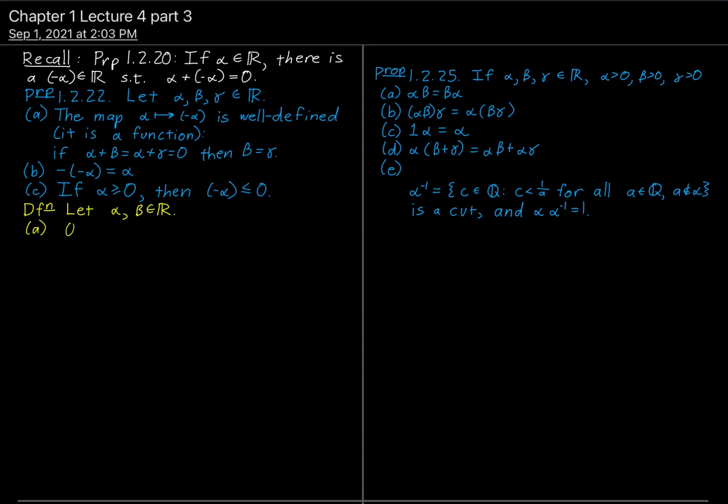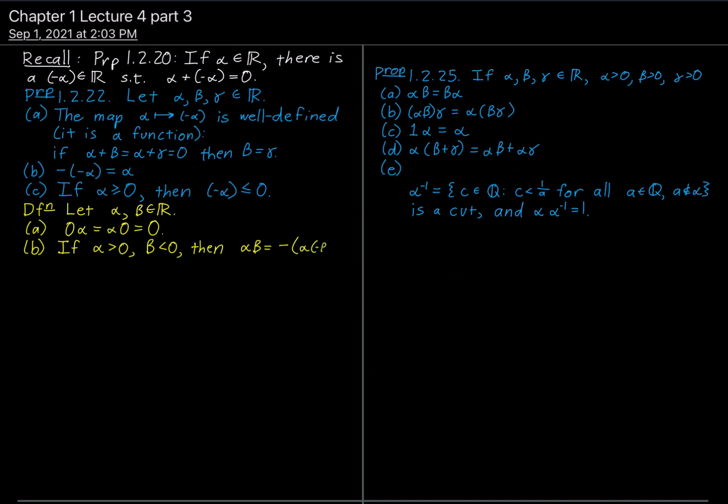So first case, multiplying by 0 indeed gives you 0. Second case, if alpha is positive and beta is negative, then alpha beta, that's negative.